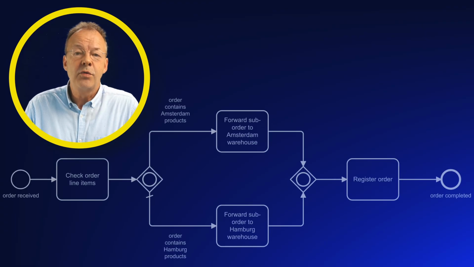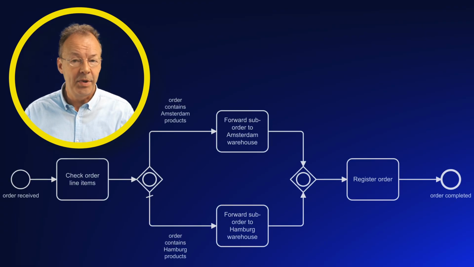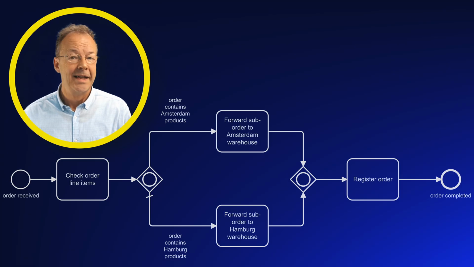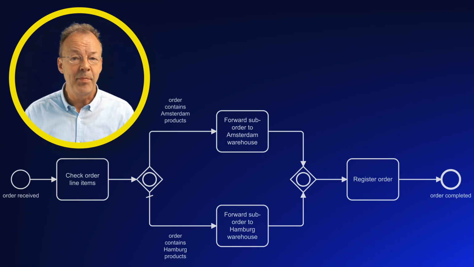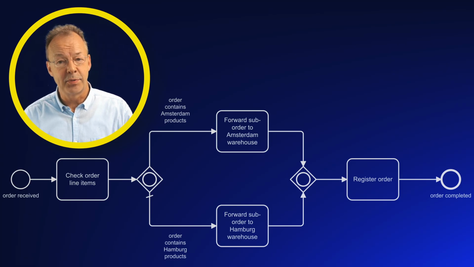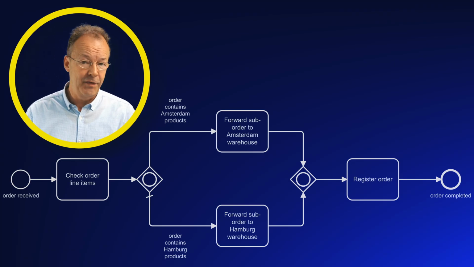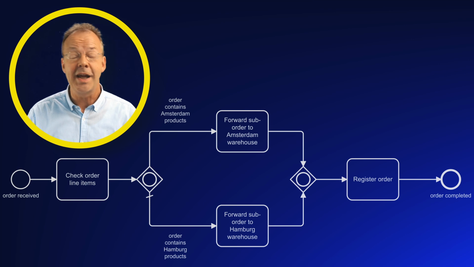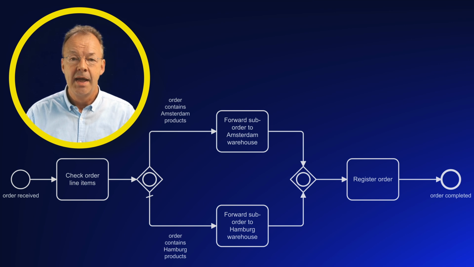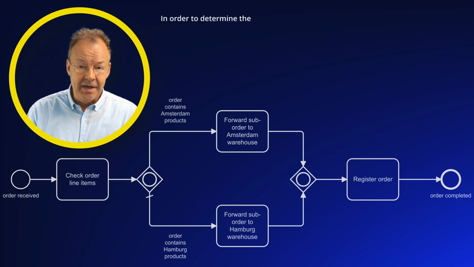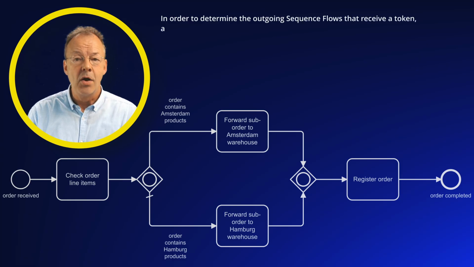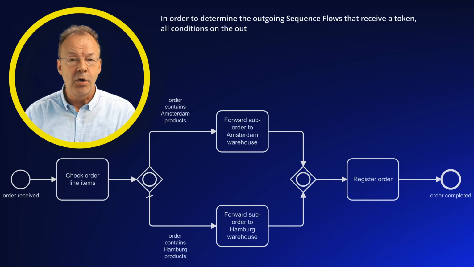Now let's switch to the OR split, a completely different story. Let's again look at an example of the Fundamentals in Business Process Modeling book, and let's look at the BPMN specification table 13.3 at the same time. In order to determine the outgoing sequence flows that receive a token, all conditions on the outgoing sequence flows are evaluated.